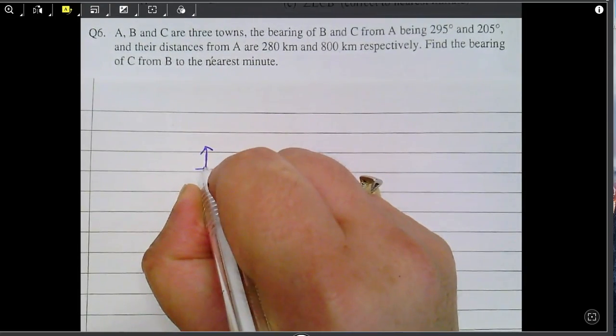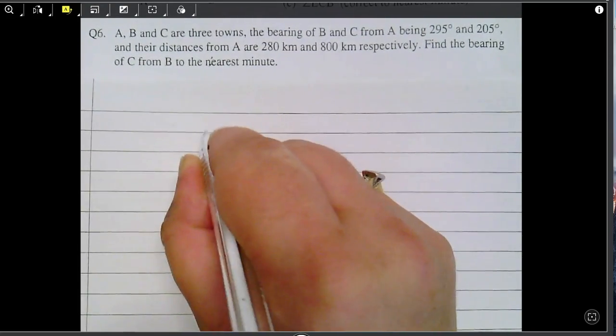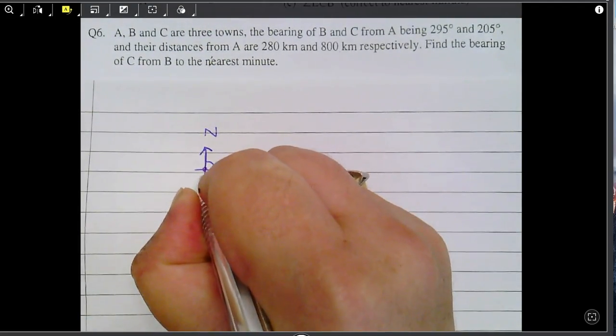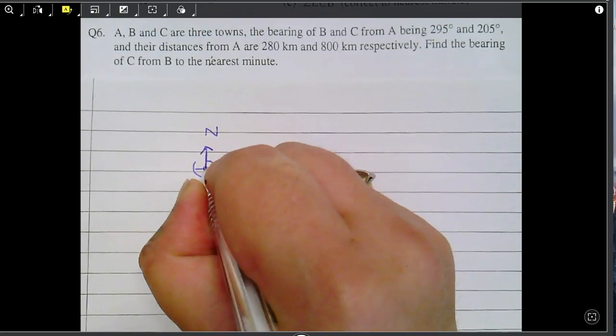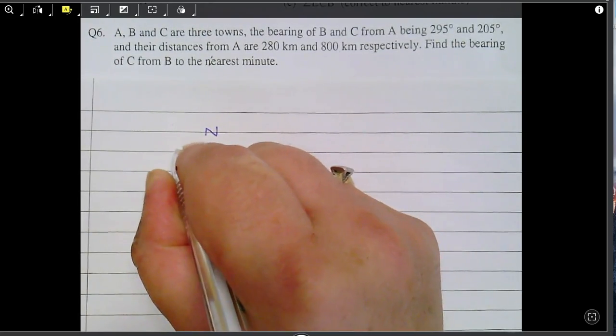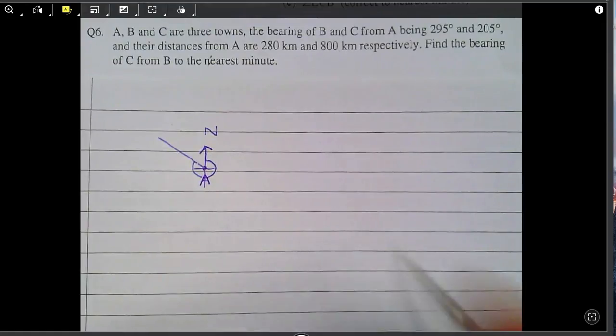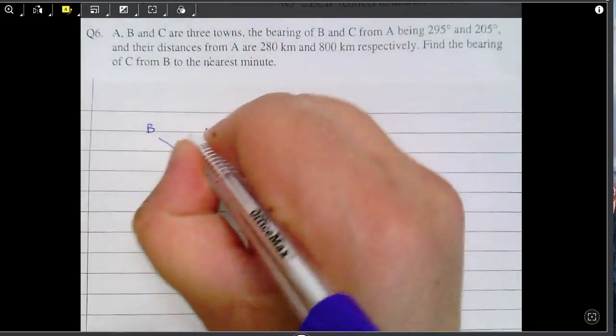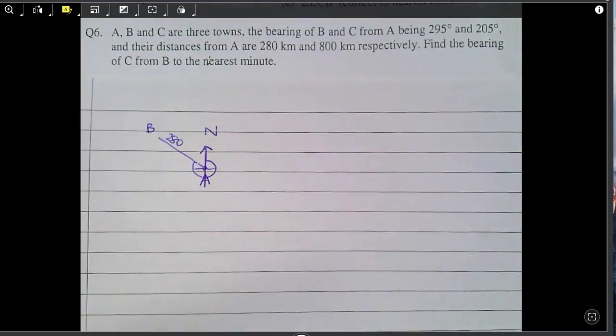So there's A. The bearing of B is 295. So here's my north sign. I've got 90, 180, 270 and a bit more. 295 would roughly be like this. Okay, that one's 295. And that's B up here, and the distance there is 280 kilometres.